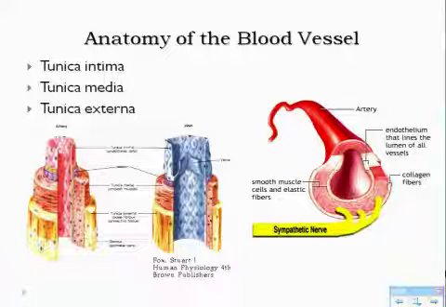The tunica externa is a very tough outer layer that protects the blood vessel from rupturing. If you're looking at the conducting vessel, this is very, very thick and it basically adds protection to the aorta from rupturing. But if you go down to the capillary, the tunica externa becomes very thin to allow good diffusion to take place.